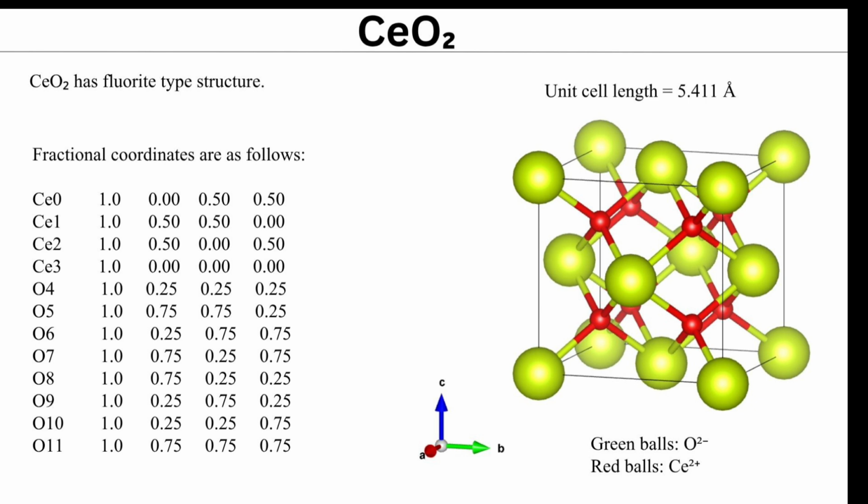So each cerium ion is coordinated with 8 oxygen ions, while each oxygen ion is in a tetrahedral environment coordinated with 4 cerium ions. This open structure is why materials like CeO2 are great oxygen ion conductors used in solid oxide fuel cells. The unit cell is 5.411 angstroms long.